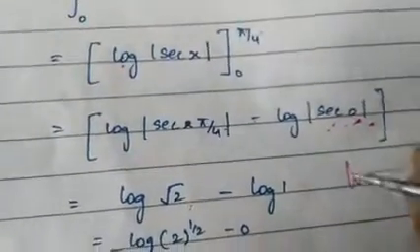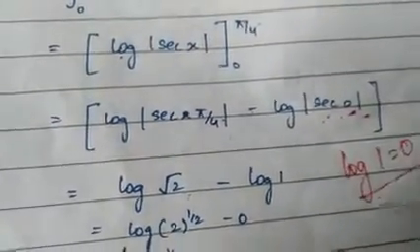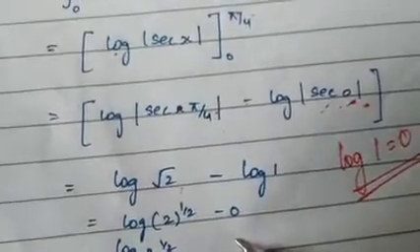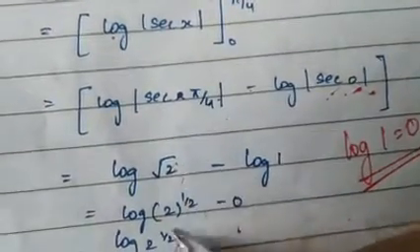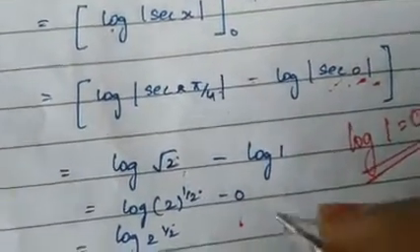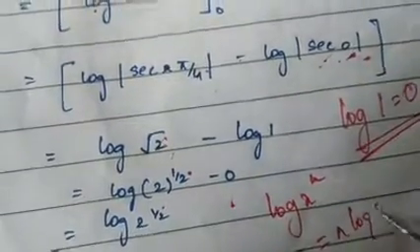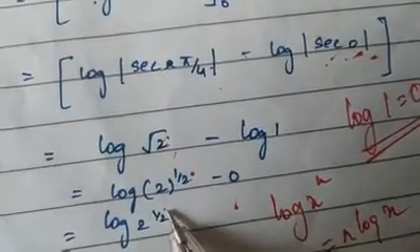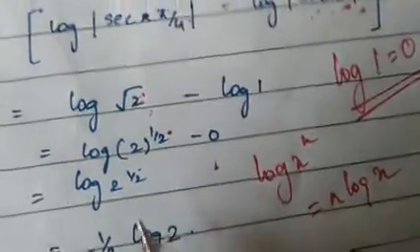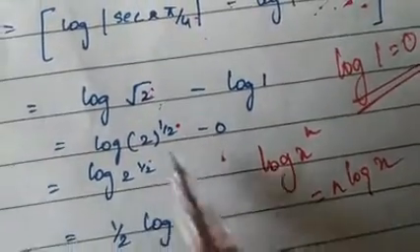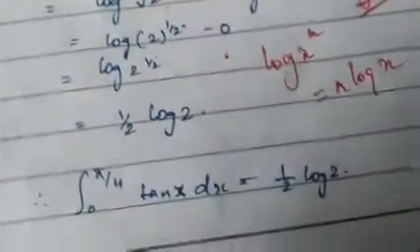Log 1 is always 0, keep it in mind. Now root 2 can be written as 2 power half. According to the property log x power n equals n into log x, you can write it as half into log 2. After that, write the final step.